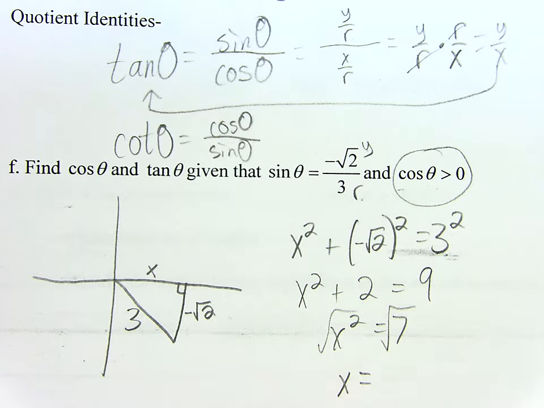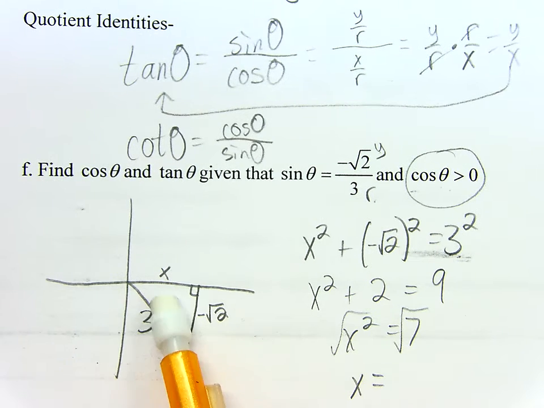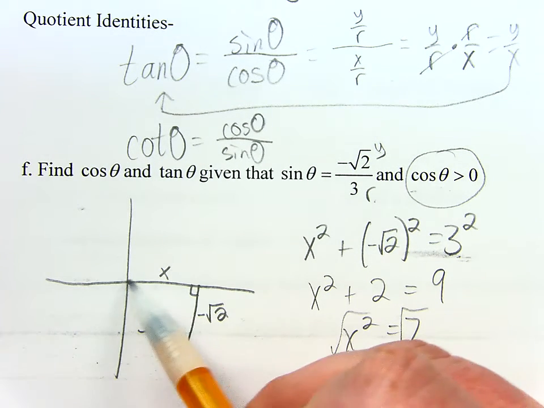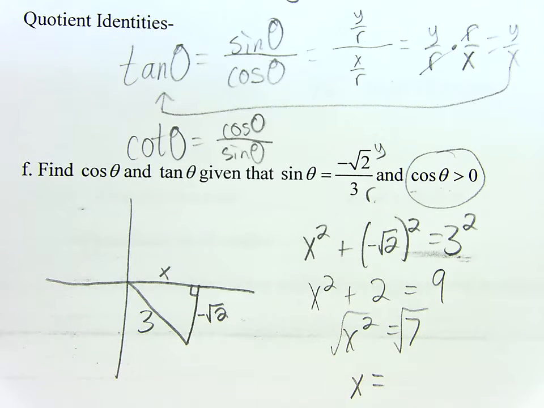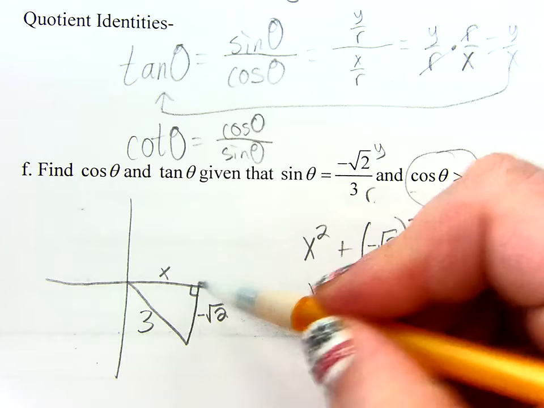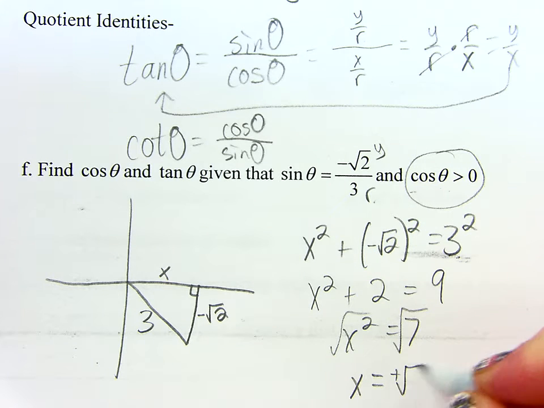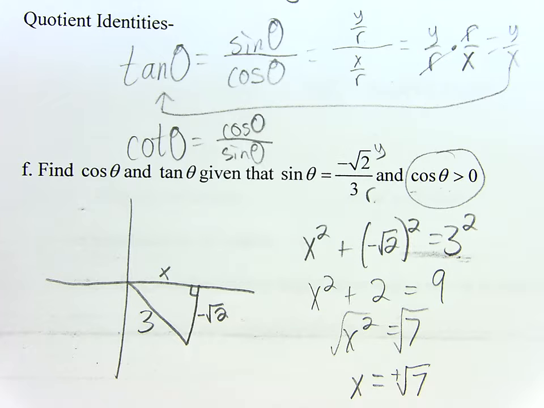Positive square root of 7 and negative square root of 7? Yes. Which one do I use? Plus. Yes, because look at where I am. I went in the positive direction for x. Had I gone in the negative direction, I would use the negative root. But in this case, I'm in the positive, so I only want the positive square root of 7. I wanted to make that point because sometimes you'll need the negative root.